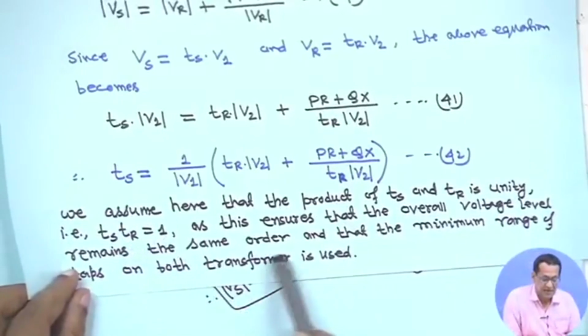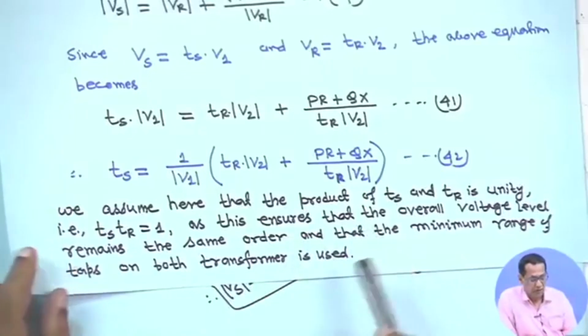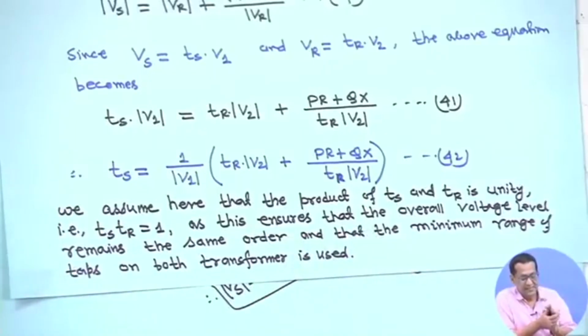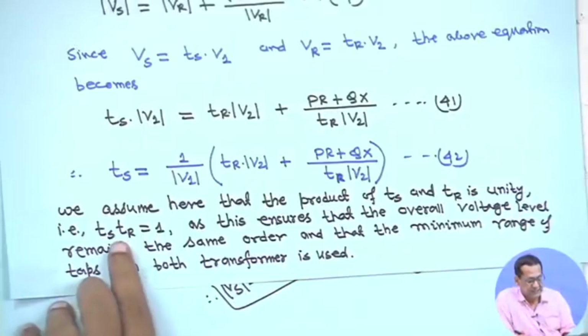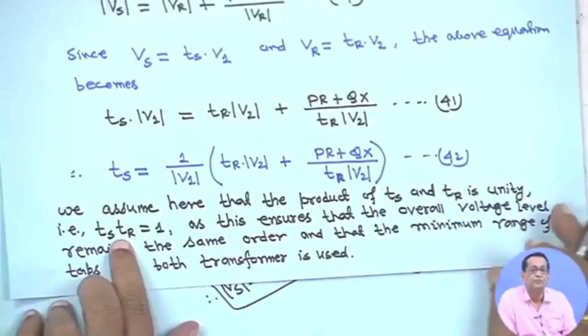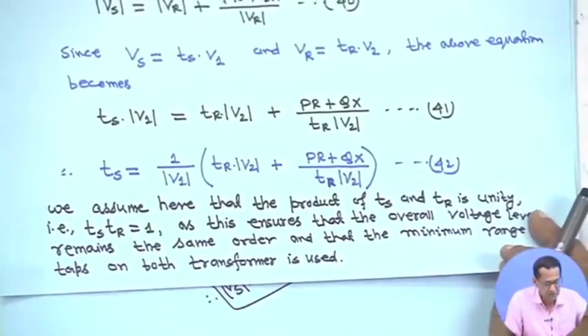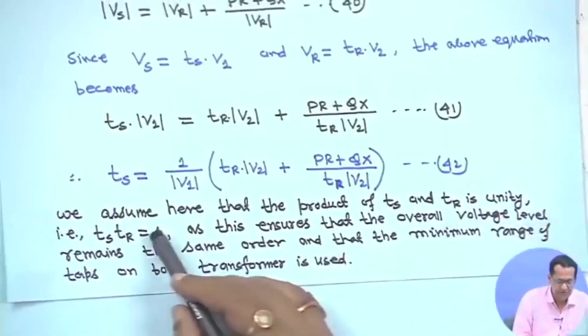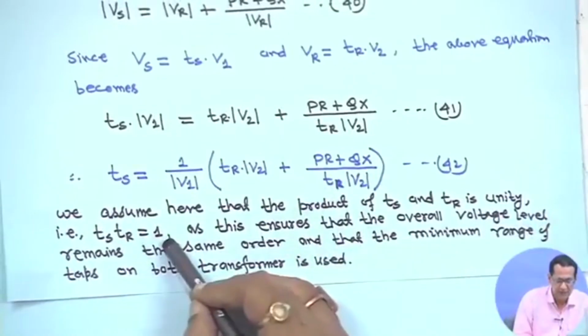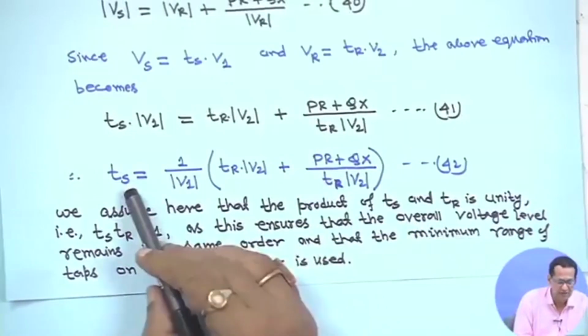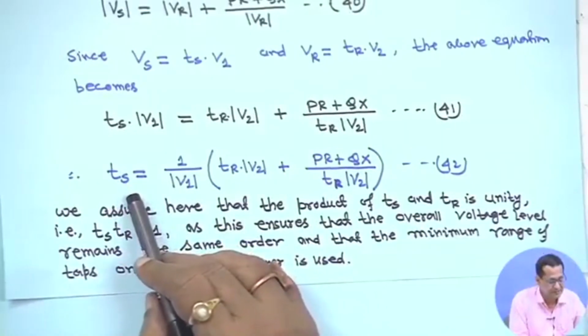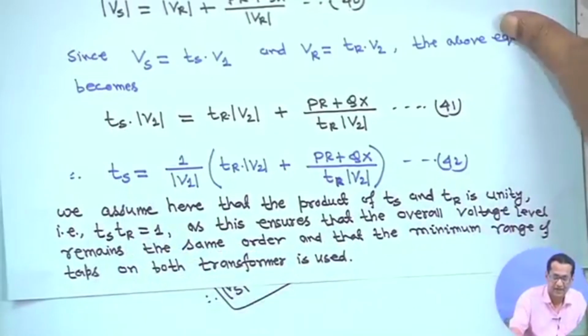This ensures that the overall voltage level remains the same order and that the minimum range of taps on both transformers is used. So, this is the condition we will put, Ts TR is equal to 1. Therefore, we will substitute TR is equal to 1 upon Ts in this equation, because we want to find out the expression for Ts.